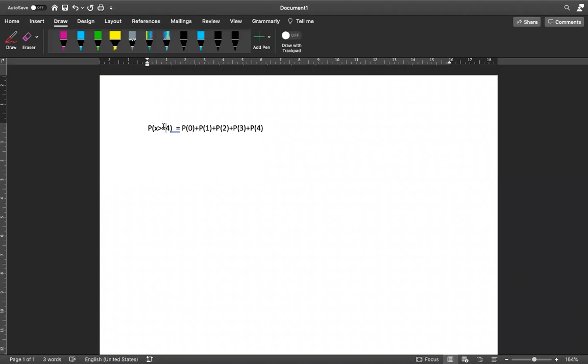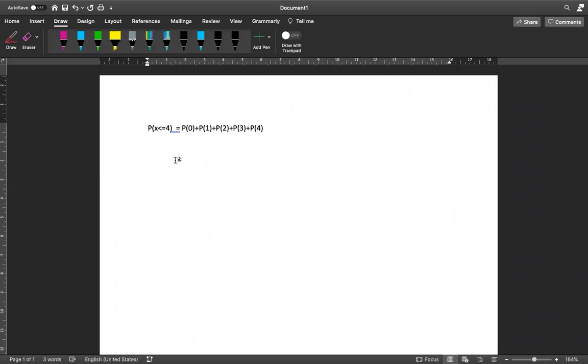So we can assume any number on the real line. If you are just adding 0, 1, 2, 3, and 4, you are missing so many points that should be considered as far as the continuous distribution is concerned.